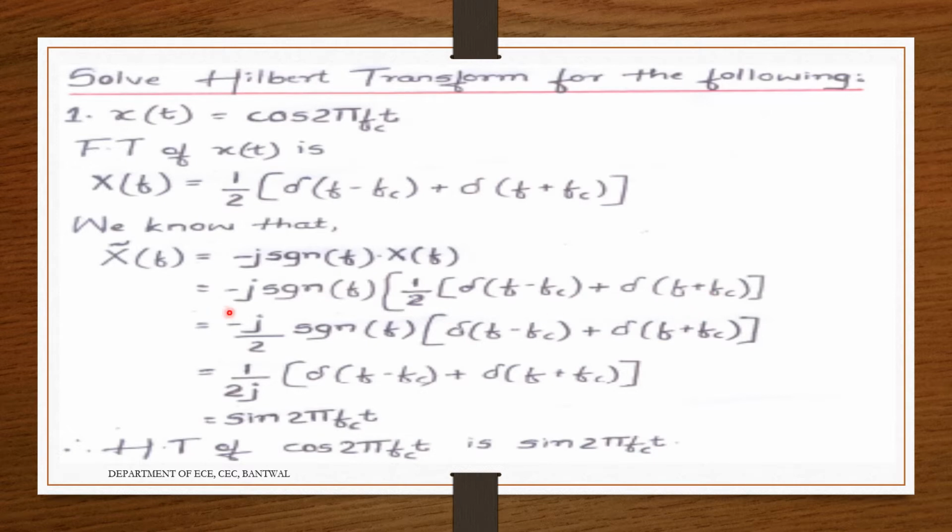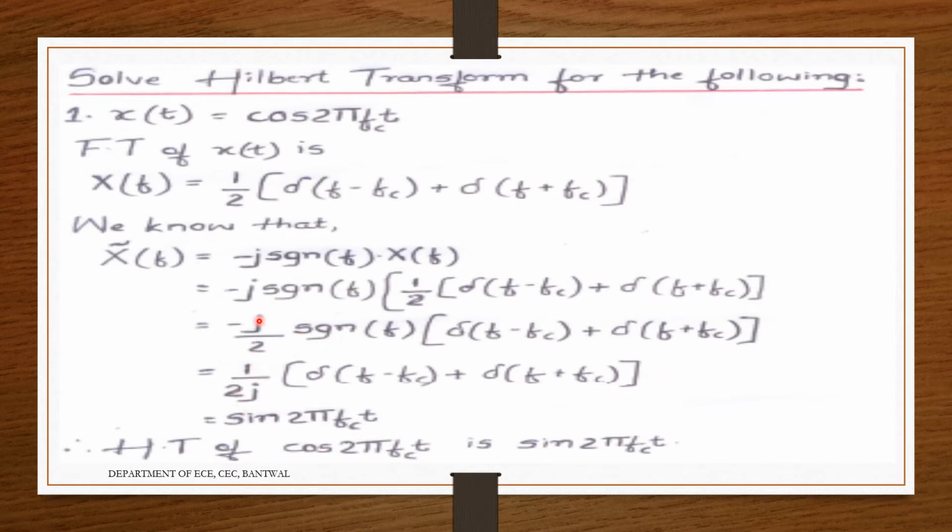Now minus j by 2, I am taking common outside, signum of f into delta f minus fc plus delta f plus fc. 1 by 2j, I am taking the complex conjugate so that I can remove this minus sign, so it will become 1 by 2j into j into delta f minus fc plus delta f plus fc. So this is what I got.